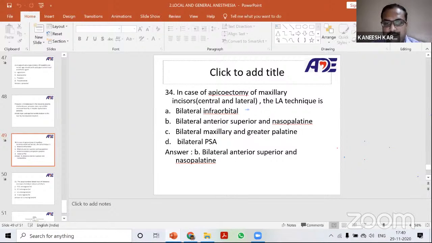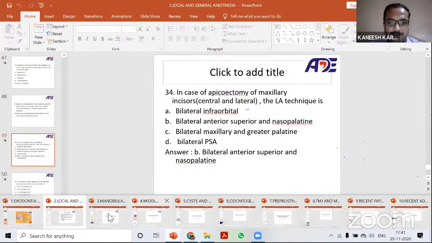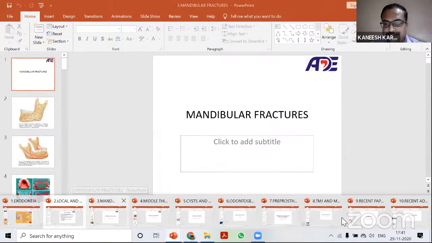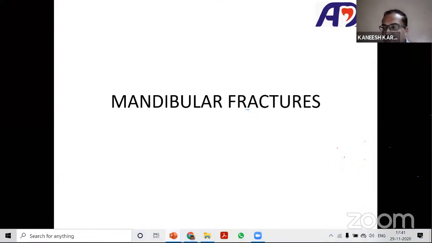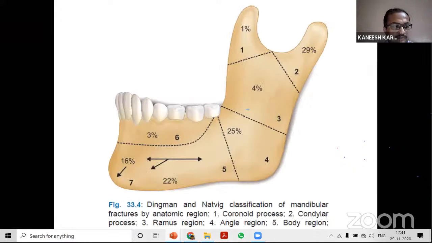With this we complete the LA and GA. Next, we move on to mandible fractures. This is according to Dingman and Natvig. According to the anatomical region: condyle, coronoid, ramus, angle, body, parasymphysis and symphysis.